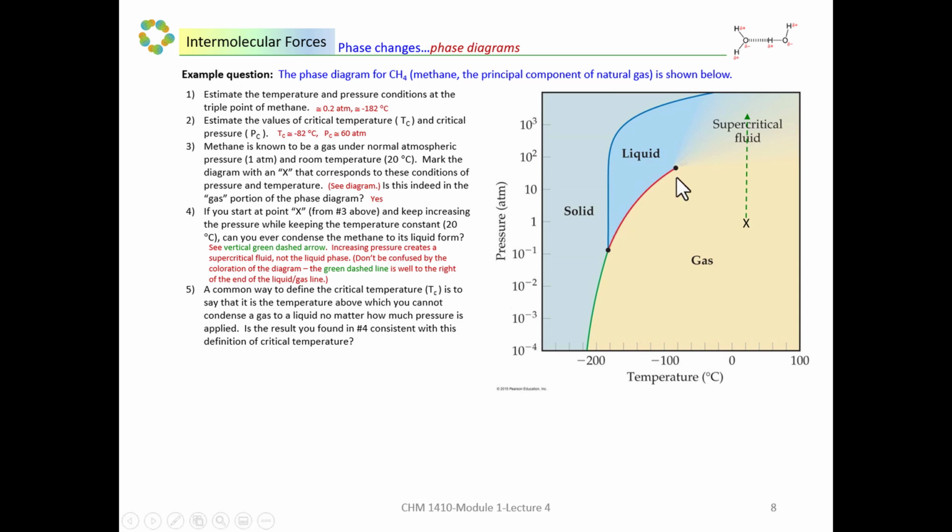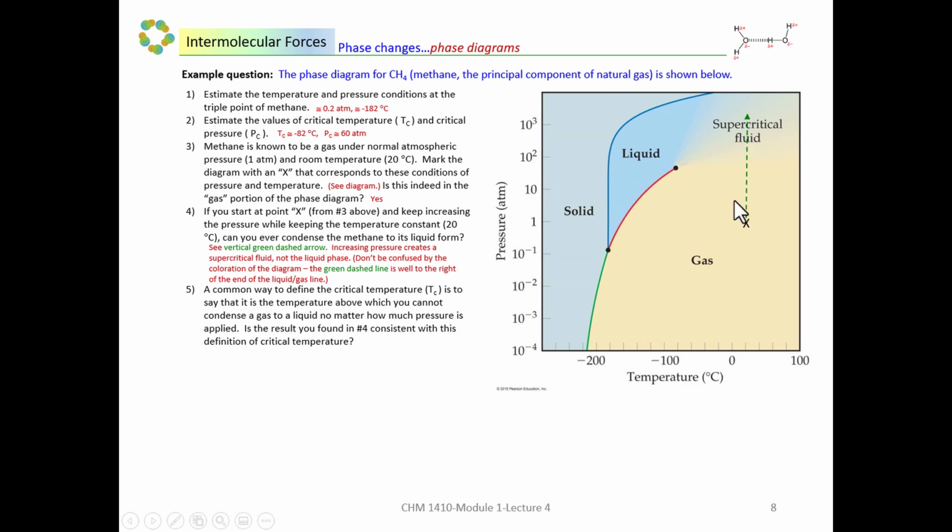You can see on the diagram that the critical temperature is about minus 82 degrees C. At room temperature, we are well above that critical temperature, and it appears that no matter how much pressure we put on, we cannot go from a gas to a liquid. We seem to go from a gas to a supercritical fluid.